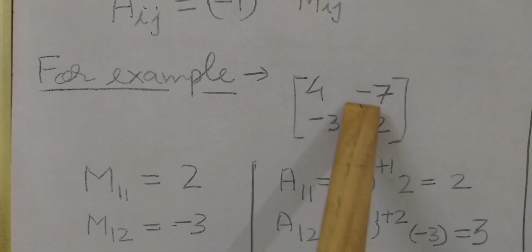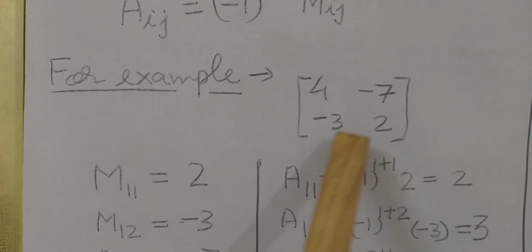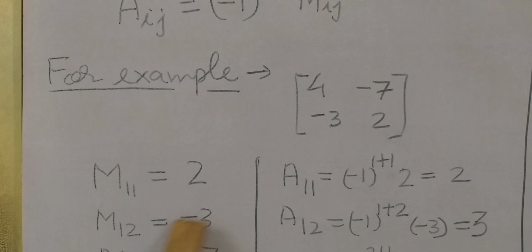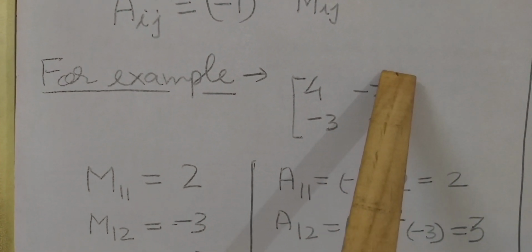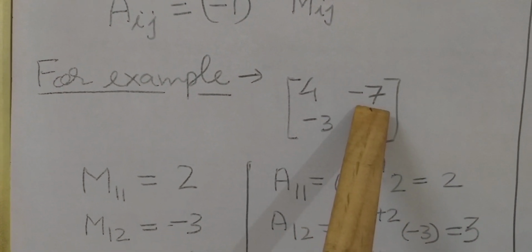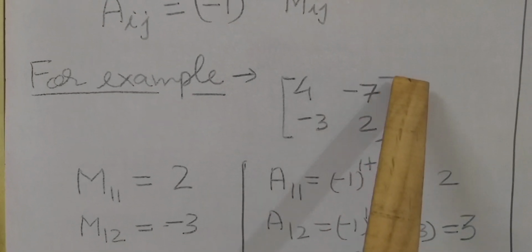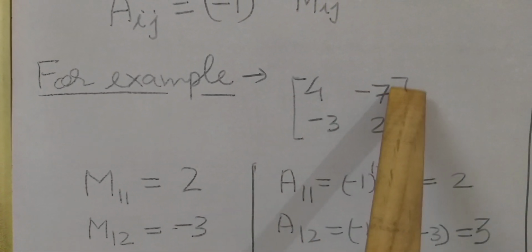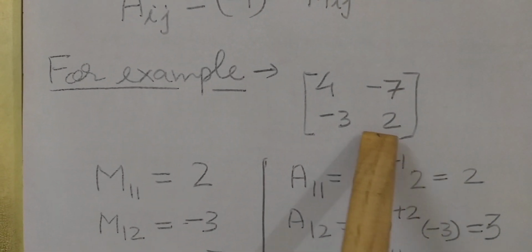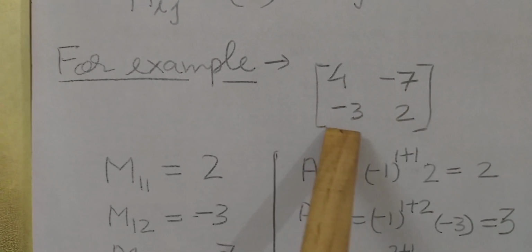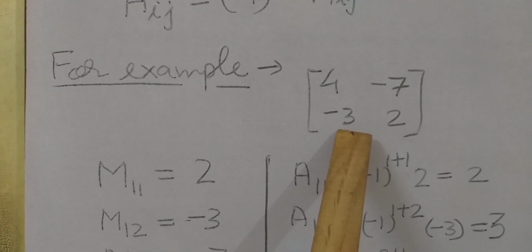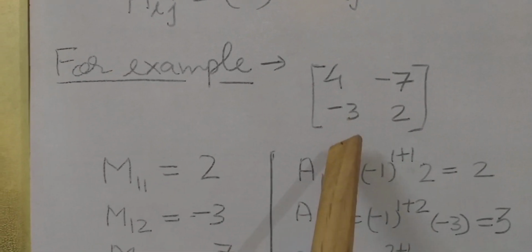Now let us find the minor of a12. That's why I have written M12. We have to delete its row and column, students. This row and this column will be deleted. What is the value left? Minus 3 only. So the determinant of minus 3 is minus 3.